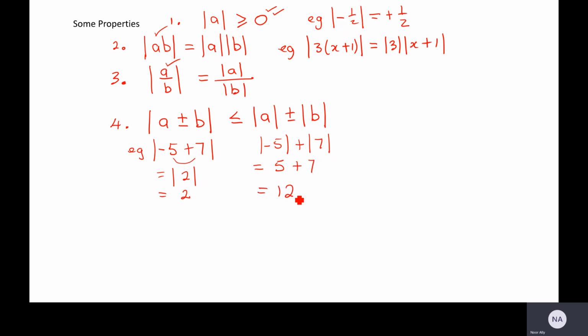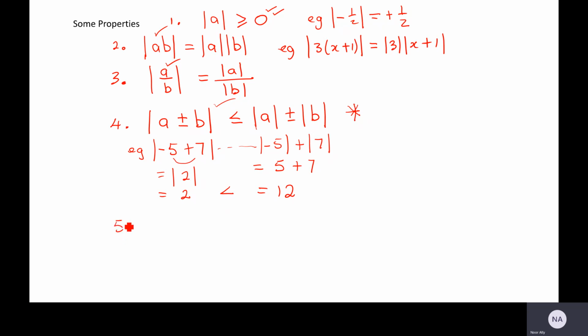And that gives you what? 12. So you can't just say these are equal. They're not at all. This is less than the 12. And in some cases, if I take specific values, it could be equal. So that is a very important property of absolute values, that the absolute value of A plus or minus B is less than or equal to the sum of the absolute values of the individual terms: the absolute value of A plus or minus the absolute value of B.